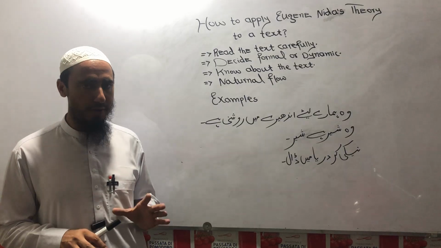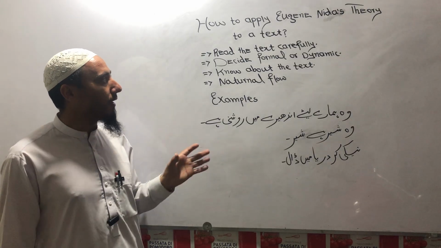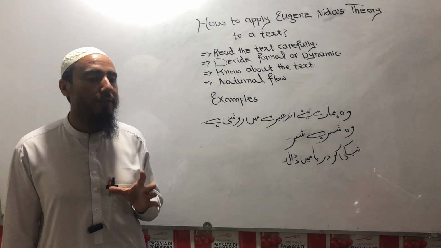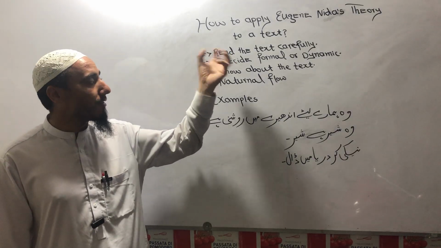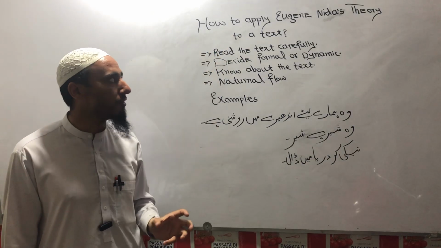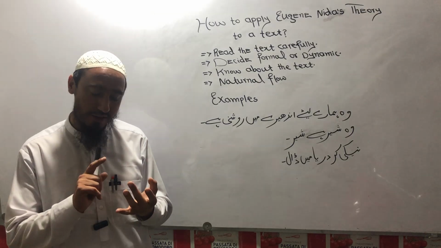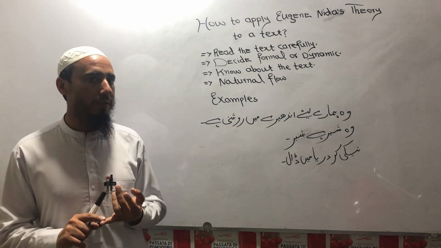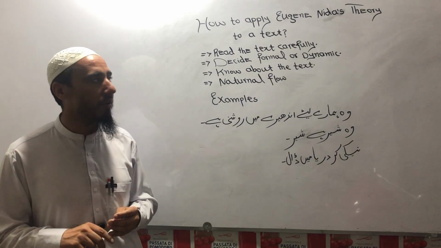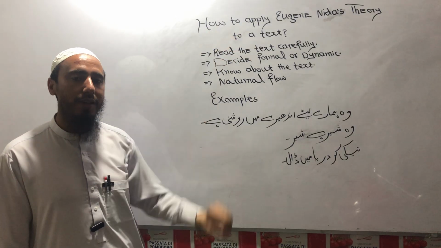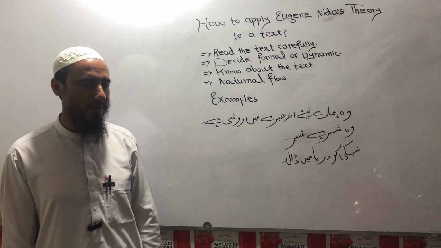Listeners and audience, remember, before applying the theory, it is very important that you know about Eugene Nida's theory. As I already told you, we have equivalence and two types of equivalence: formal equivalence and dynamic equivalence.